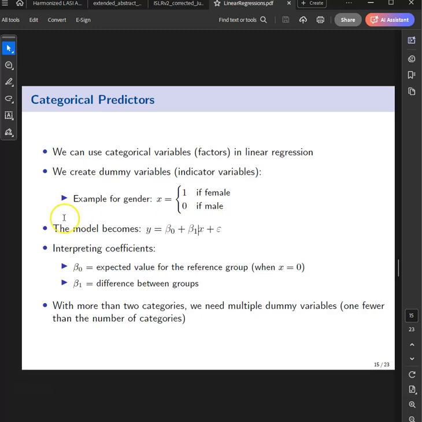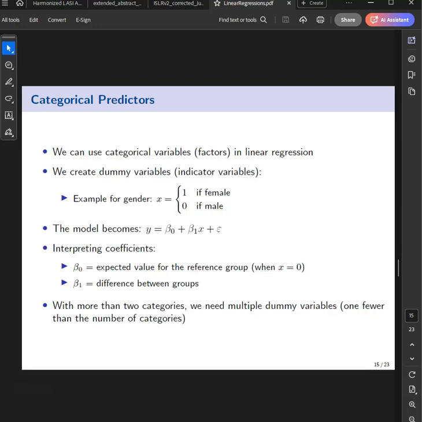So I can create a dummy for north, south, and east and keep west as the reference, or any other combination. In that case, those coefficients would be interpreted as the difference from the reference group, which is west in this situation.